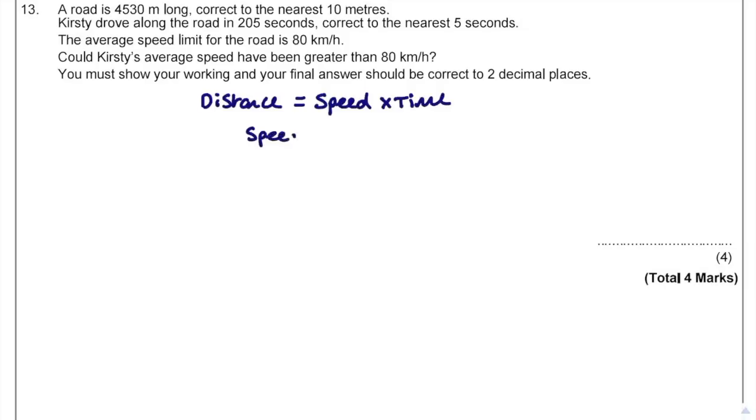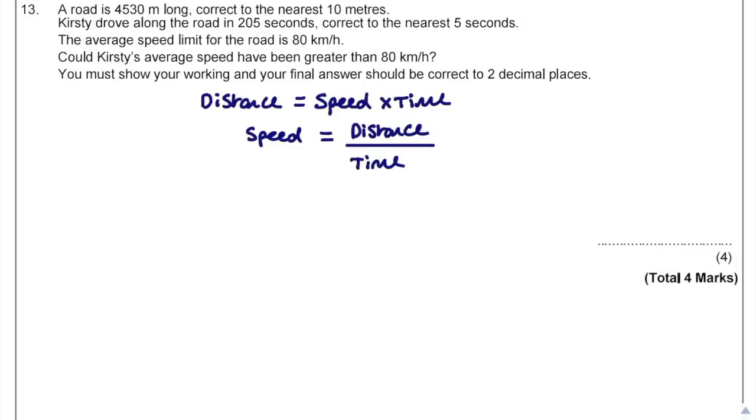So speed is distance over time. Now, we're trying to see whether her average speed can be greater than 80 kilometers per hour. So we're trying to find the maximum speed that she can basically travel at based on this distance to the nearest 10 meters and this time to the nearest 5 seconds.